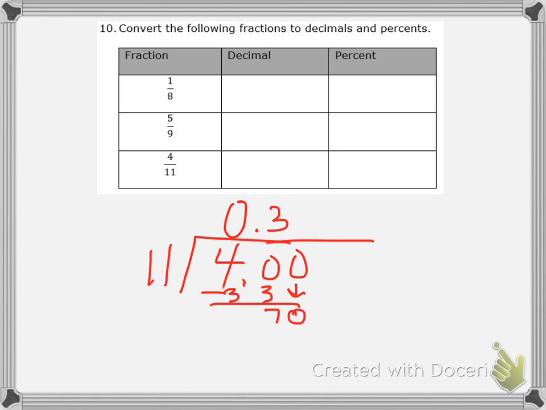All right, so 11 into 70, 6 times to give us 66. You get 4 left over. I'm going to add another 0 because I haven't seen any patterns just yet. And I have leftover, so I have to keep going.